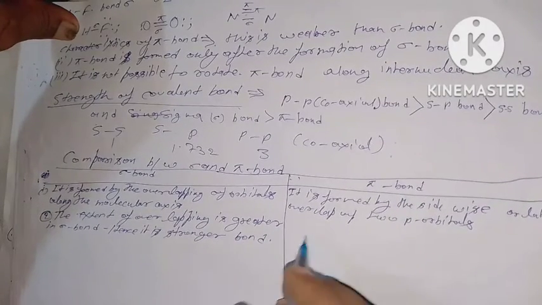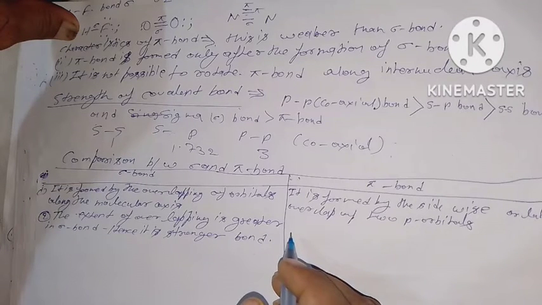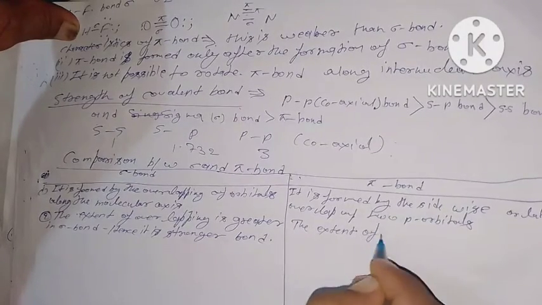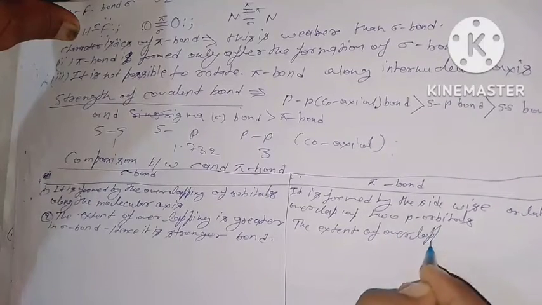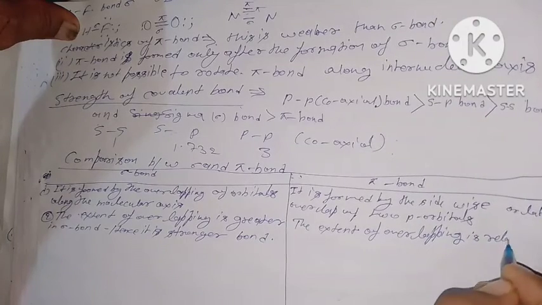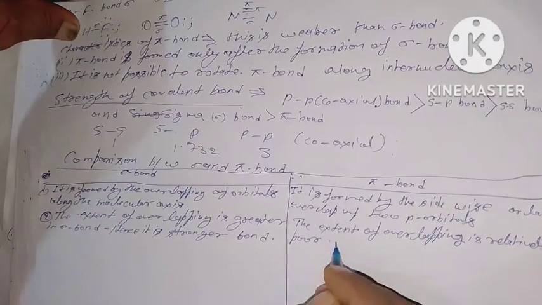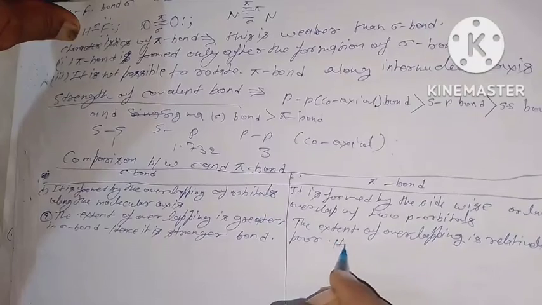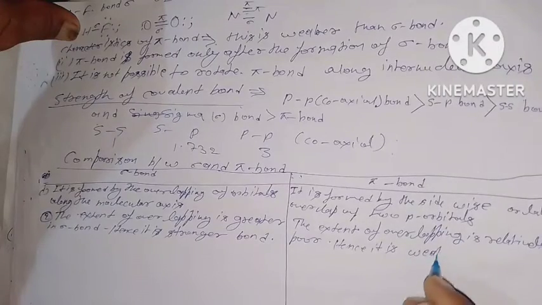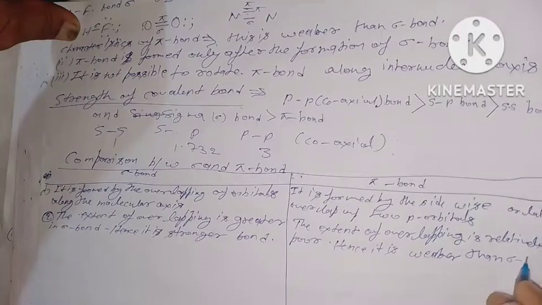As compared to a sigma bond, in a pi bond the extent of overlapping is relatively poor. Hence it is weaker than sigma bond.